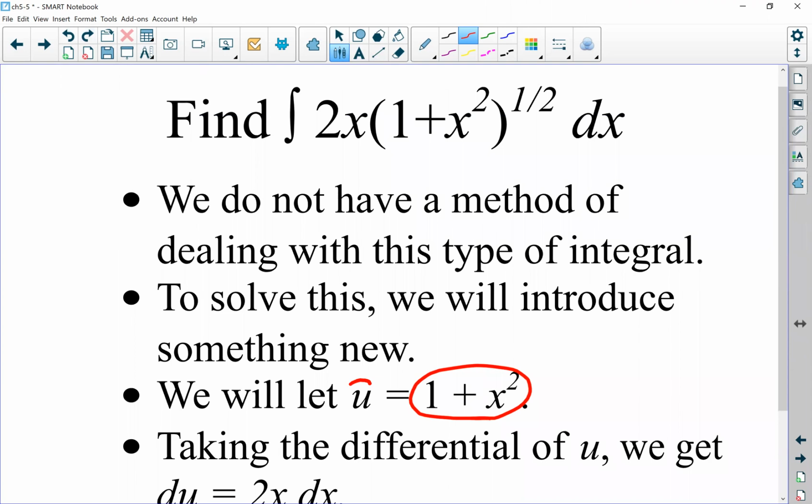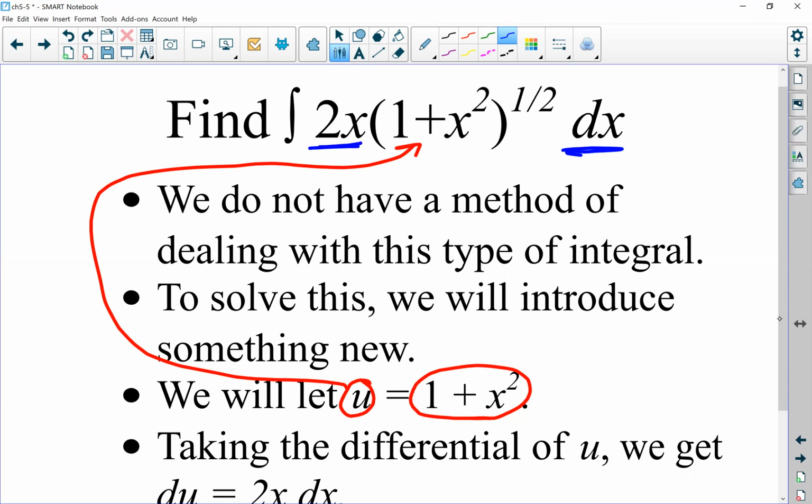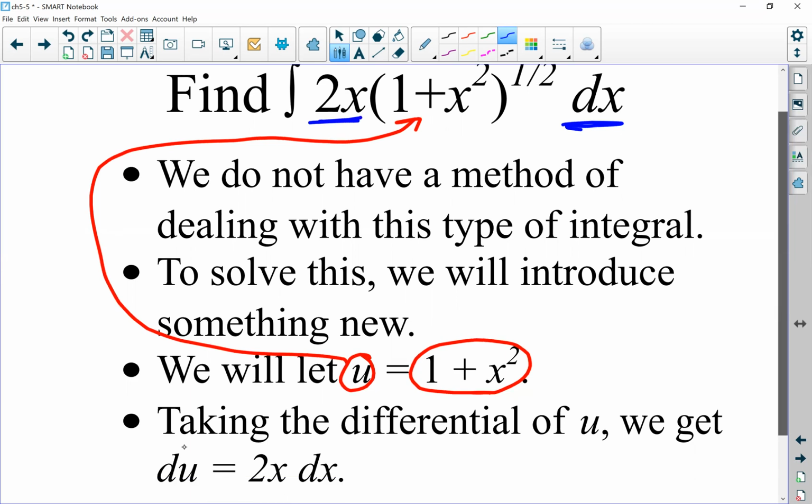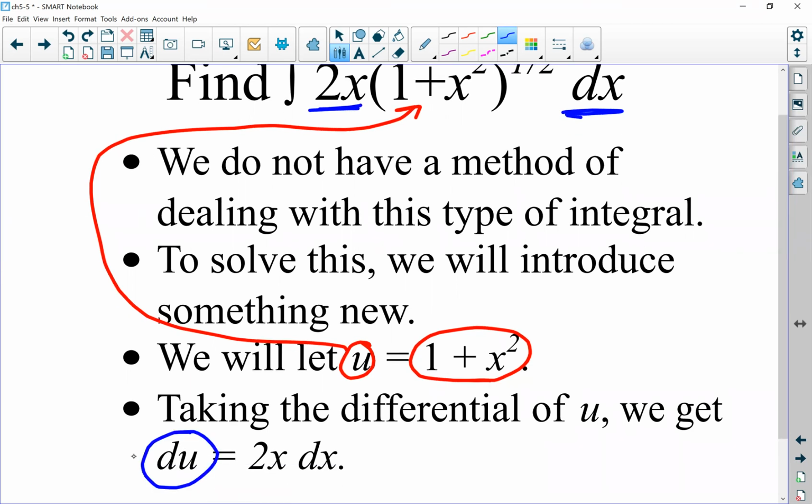And we'll put the u in there. And then the 2x dx gets replaced with du. And then we can deal with that.